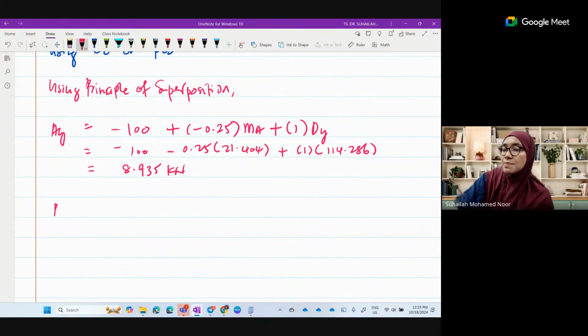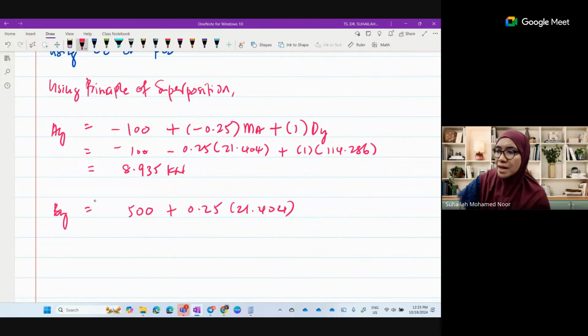Okay, sama juga BY. BY dah jadi 500 kan. 500, lepas tu kita ada positif 0.25 kan. So MA kat sini 21.404.